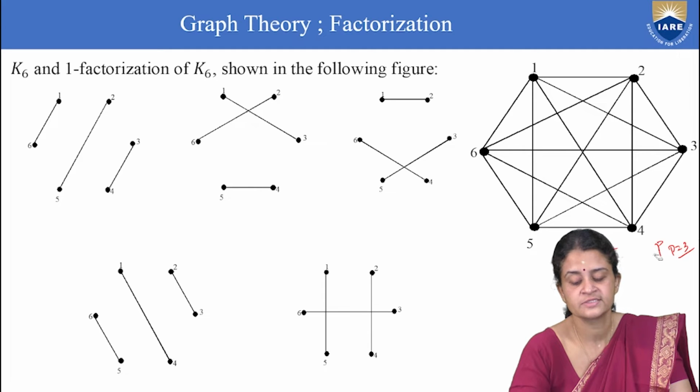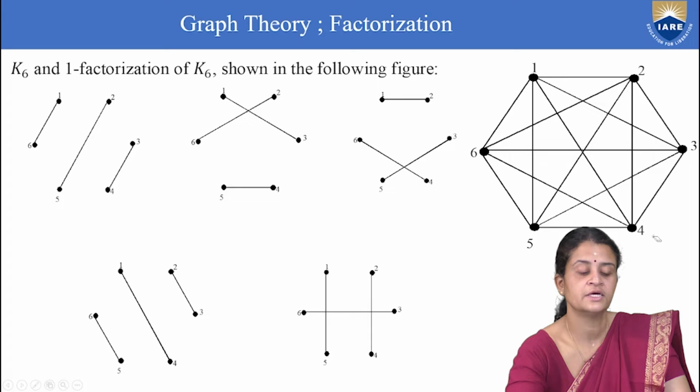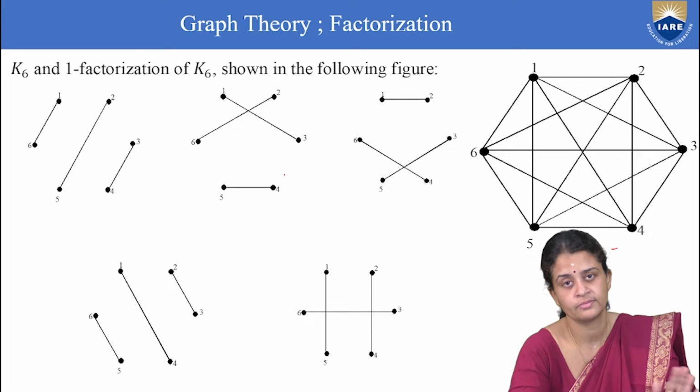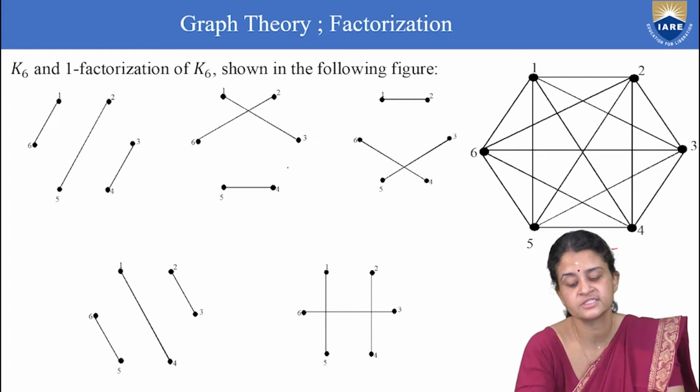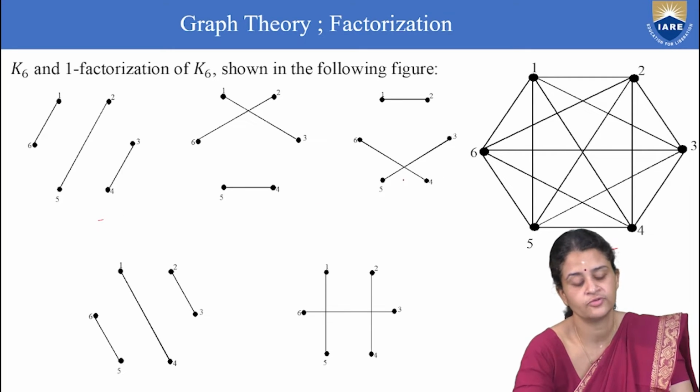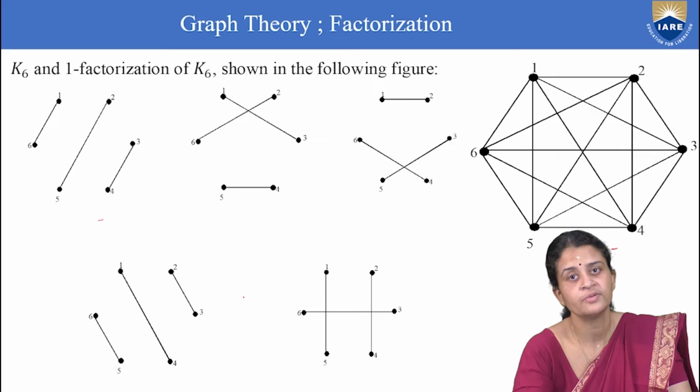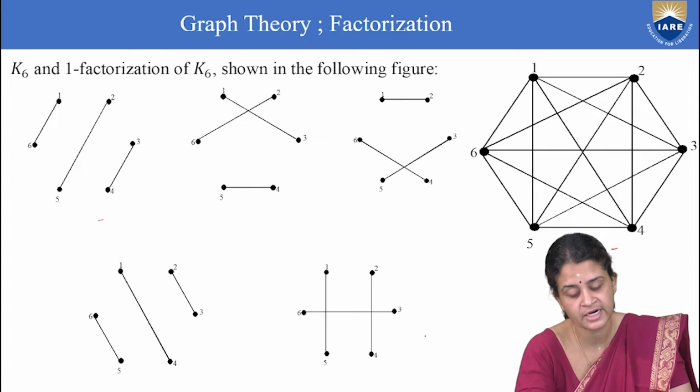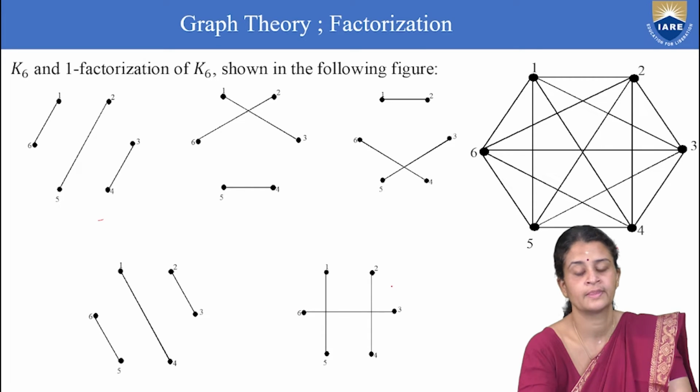So it is K6, and when we are factorizing this K6, we get 5 factors. These are the edge disjoint factors: first, second, third, fourth and fifth. So this one-factorization of K6 is shown with these 5 figures.